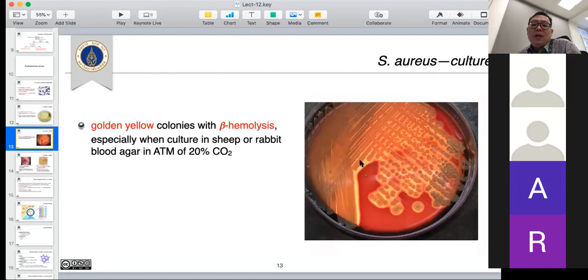The clear zone like this, we call beta hemolysis. Okay? But no hemolysis is possible. Mostly are beta hemolysis. I would say hemolysis or not hemolysis is not important to classify, but just let you know, mostly beta hemolysis.